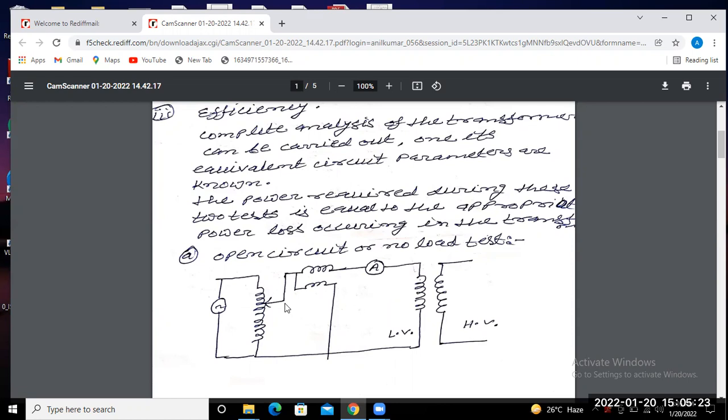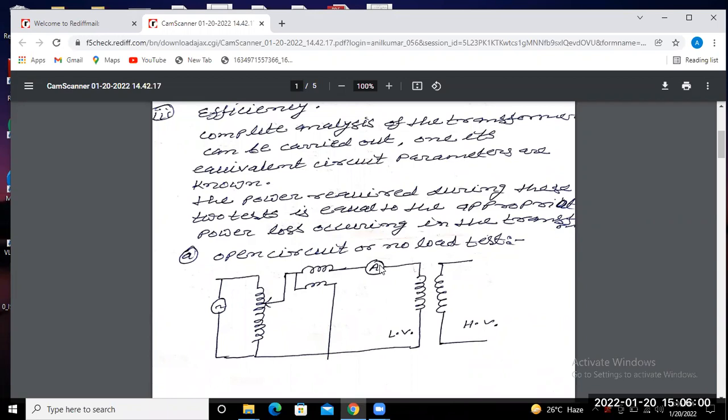The supply is given with the help of a variable AC source, and one voltmeter you have to connect here in parallel, represented as V. And one wattmeter: whatever power is consumed during the no load test will be measured with the help of the wattmeter. And one ammeter is connected for the measurement of no load current during the no load test.